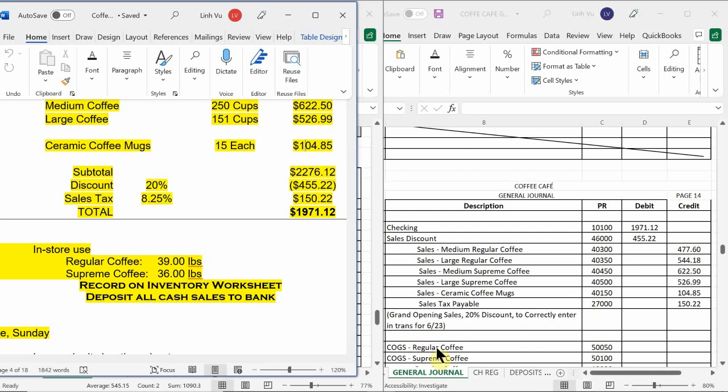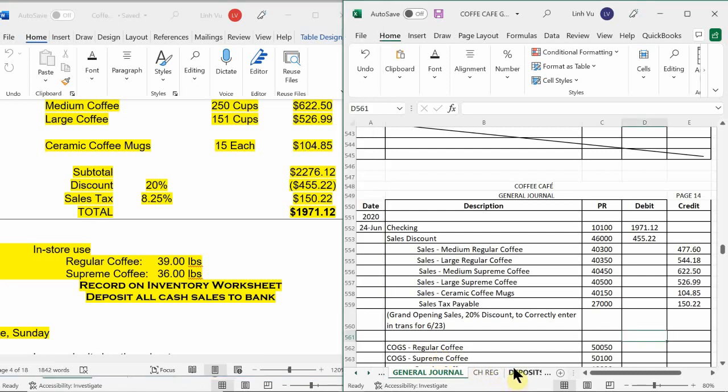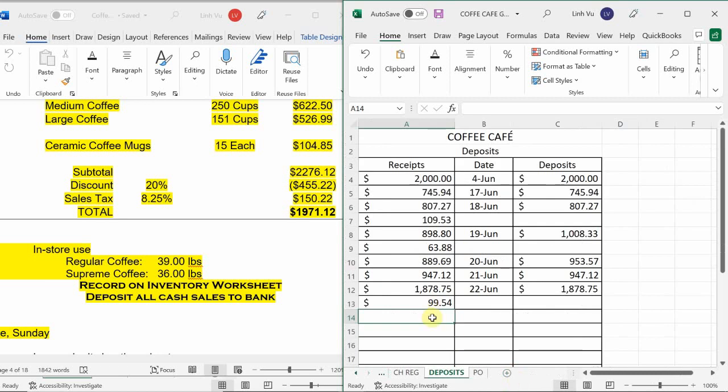Okay. Well, before that, let's deposit the money real quick. What was the amount for? 8/19/71/12. Okay, that's fine. You can just deposit it all on the 24th. Doesn't matter.